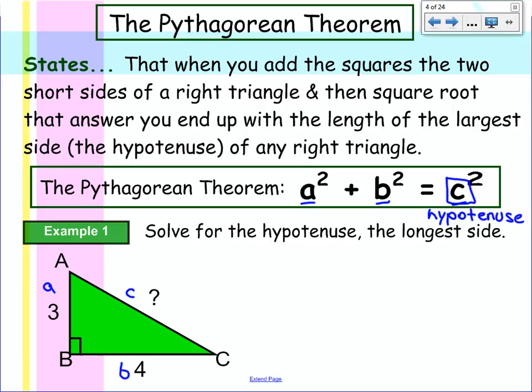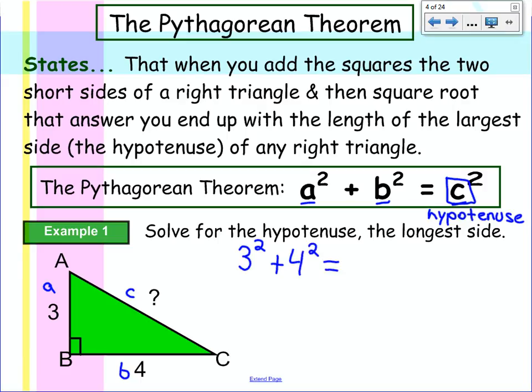Now, to use Pythagorean Theorem, we take our side lengths and put them into the equation. You'll always be given this equation. You won't have to memorize it. So, we put 3 in for A, so it becomes 3 squared. We put 4 in for B, plus 4 squared, equals, do we know what C is?